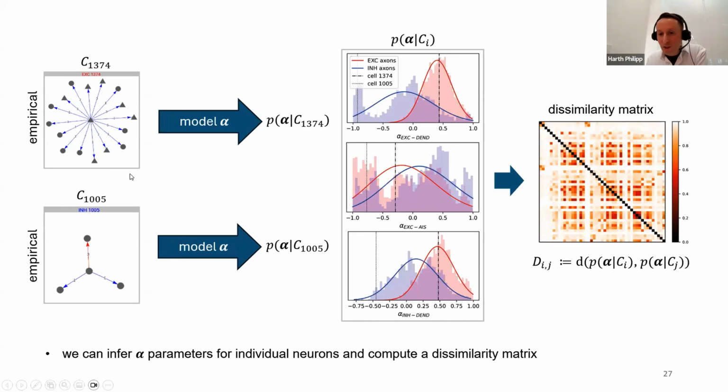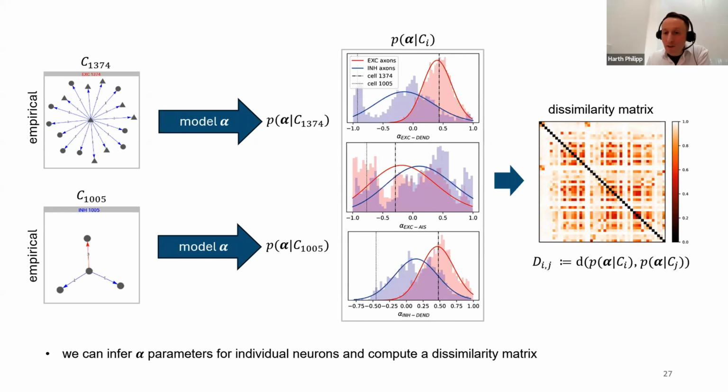So in this model, we did not provide the information of the presynaptic cell type to the model, and we can now infer this information back from the model. So for example, we see that there's a very clear distinction between excitatory axons and inhibitory axons, although the model, when we trained it, didn't know about the identity of the presynaptic cell type.